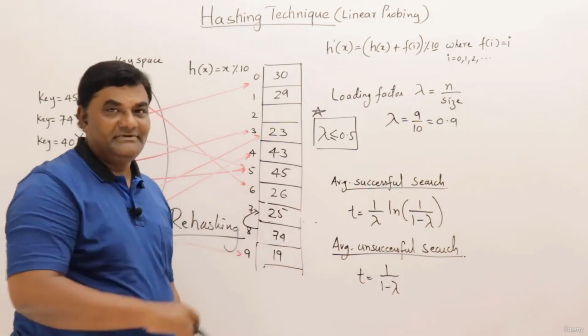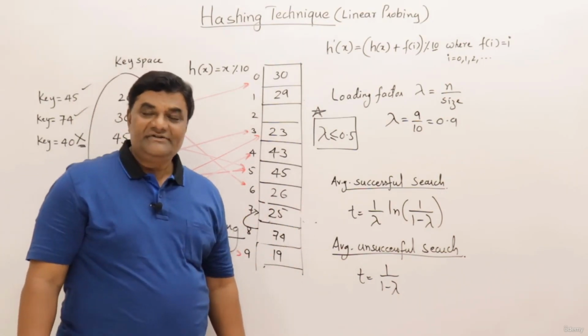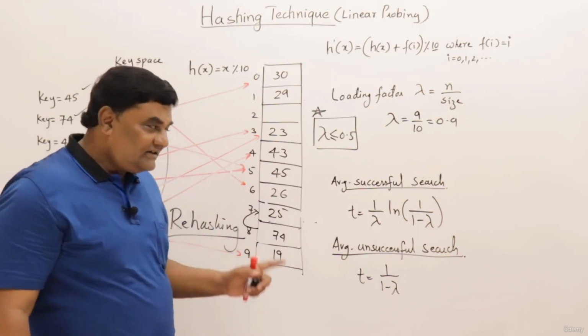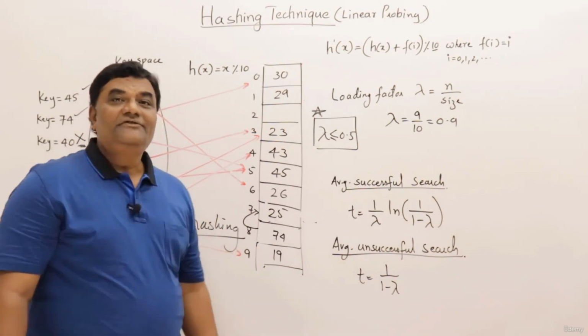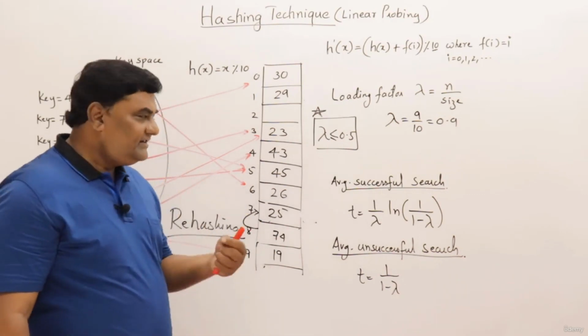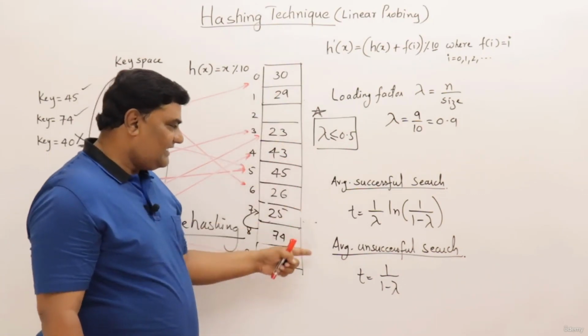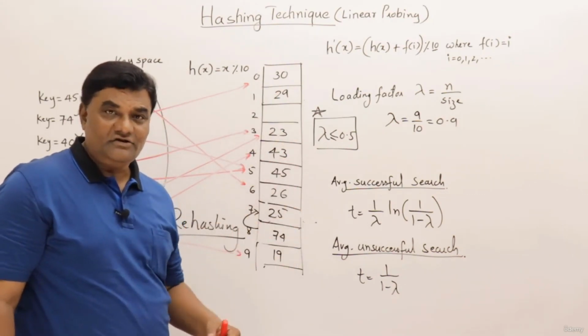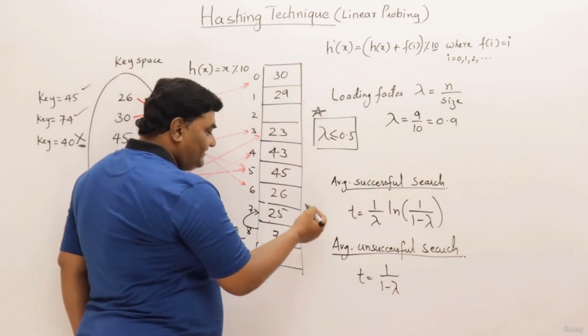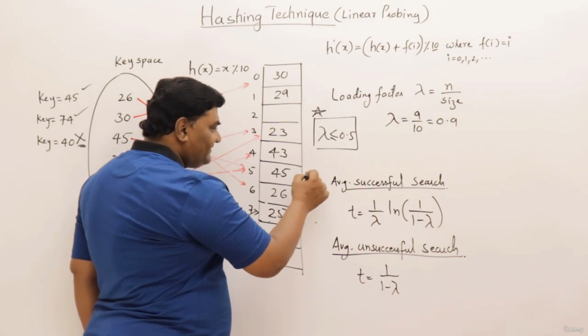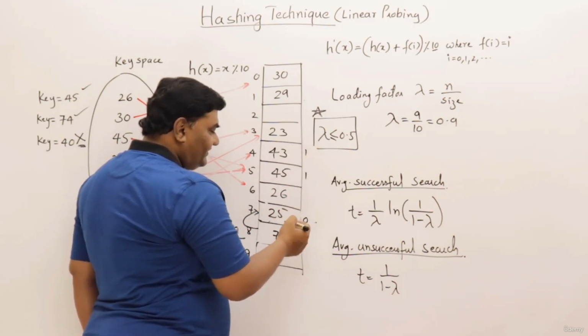We don't delete the elements. Otherwise, if you really want to delete, one thing you can do is have a flag to show whether this key is there or not. In parallel with the table, you can have a flag and show that this key is not there. So this is there, this is there, this is there, and this is not there.